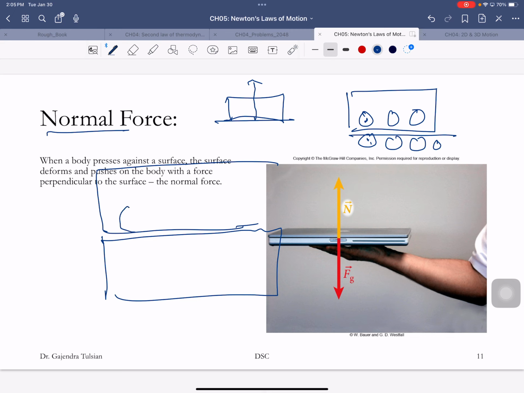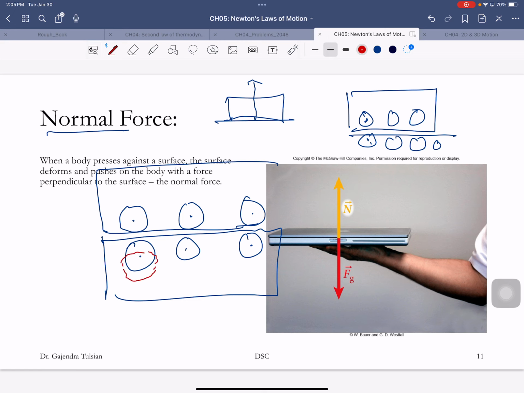So there were the atoms before they came in contact, and the positive charge and the net electric charge were right on top of each other. So the atoms were neutral. And then when you bring them close together, the electron clouds repel each other.